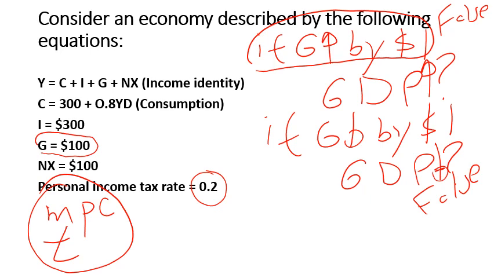Part of it is going to be saved based on the marginal propensity to save out of disposable income. A portion will be taxed away, right? T, the personal income tax rate. And there are other runoffs, but for the time being, I just want to concentrate on these two runoffs, MPS and also T.